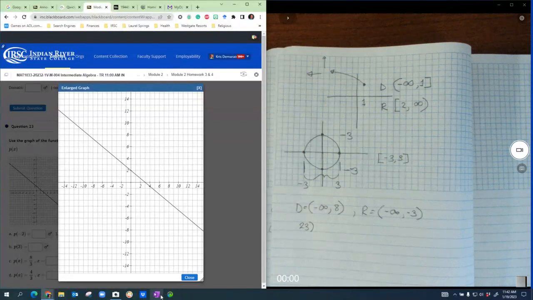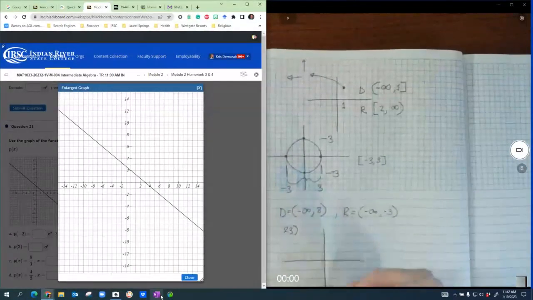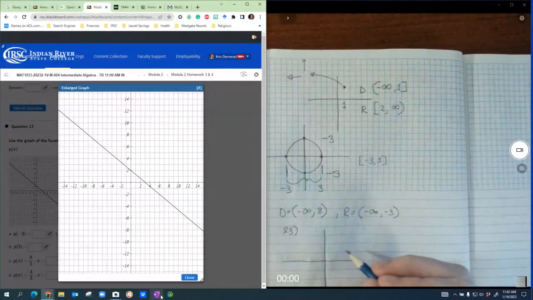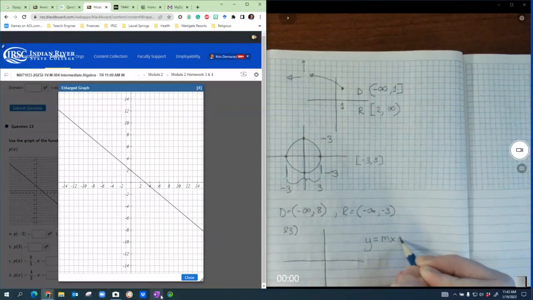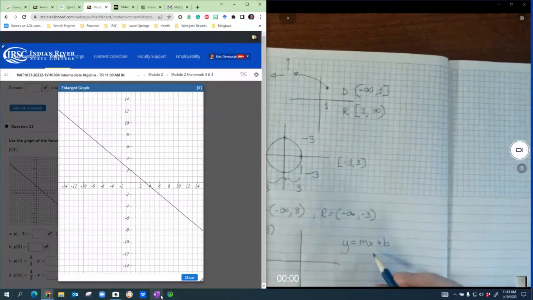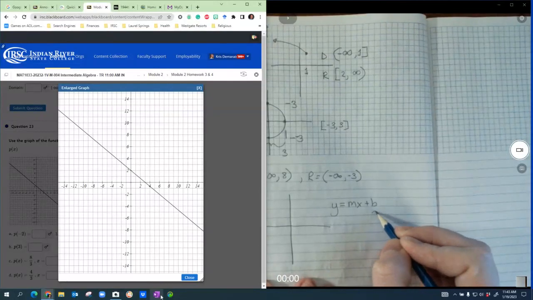The only way I would do this question is if I had identified the equation itself, by looking at what we did earlier. This is the only way to do this one, is to recognize that y equals mx plus b. We would have to say, well, the b value is the y-intercept, so that's 2.